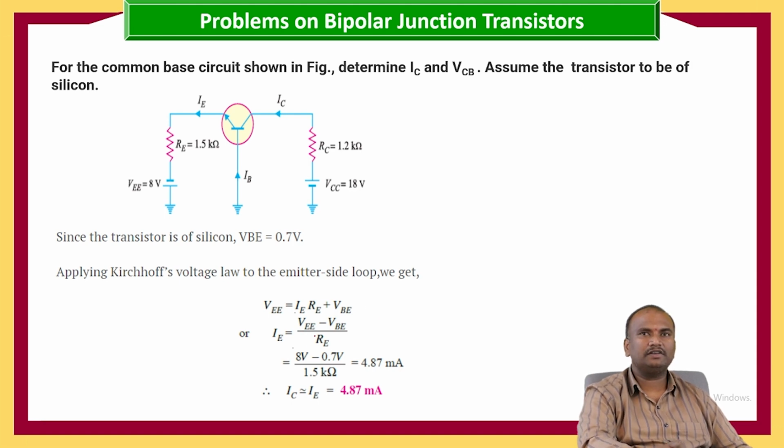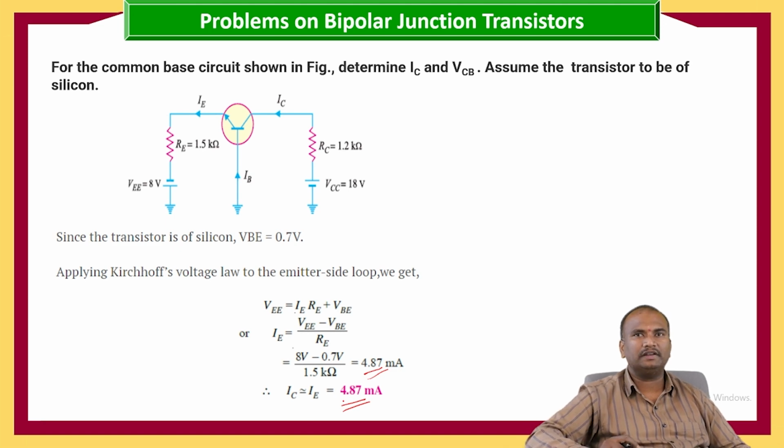From this, IE is equal to VEE minus VBE by RE, where VEE value is 8 volts, 8 minus VBE, the base to emitter junction value, because it is a silicon transistor, that is 0.7 volts, divided by 1.5 kilo ohms, that is equal to 4.87 milliamperes. Here IC is approximately equal to IE, that is equal to 4.87 milliamperes.